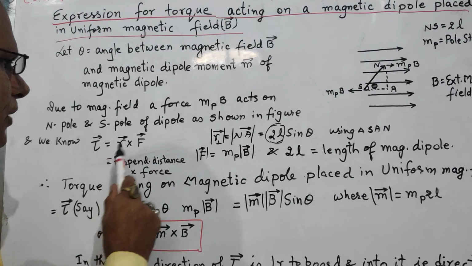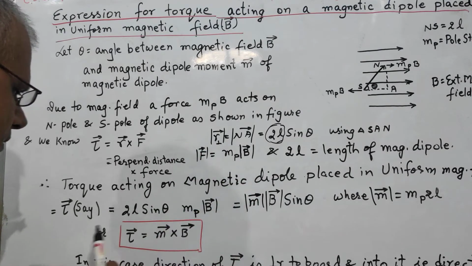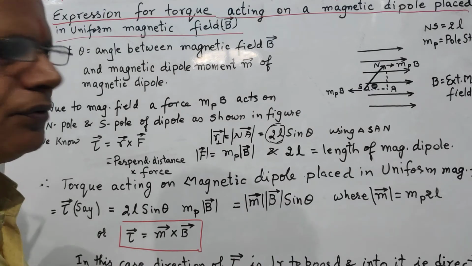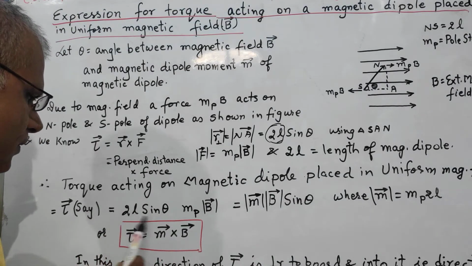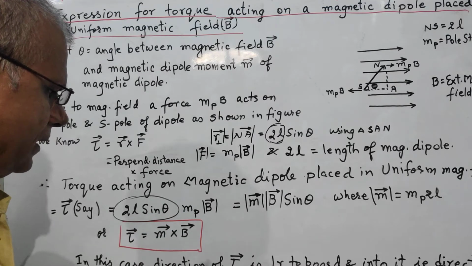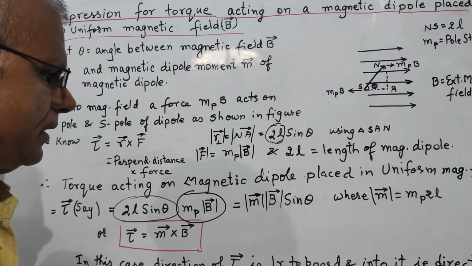Now when we put the value of perpendicular distance and individual force, we get the torque acting on the magnetic dipole placed in uniform magnetic field equal to 2L sine theta, the perpendicular distance between the two anti-parallel forces, multiplied by the individual force.